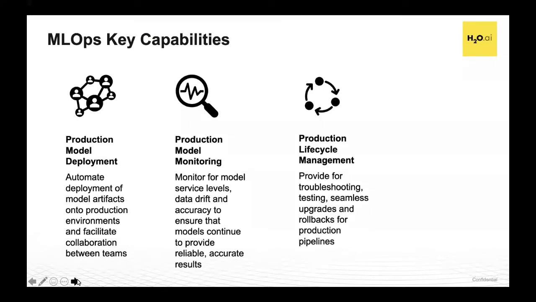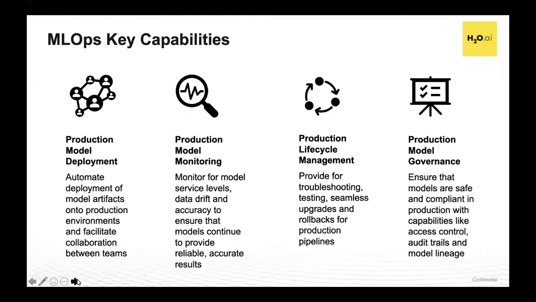There's lifecycle management, which is how do I manage the ongoing lifecycle of my model running on my production environment or environments? And finally, there's production model governance, which is, hey, we need to make sure that we are compliant and that we are tracking all the things we need to track and that someone is not manipulating our models, especially as they're related to mission critical applications for our business. And this is what we're going to go through today, all 4 of these modules in a bit more detail.